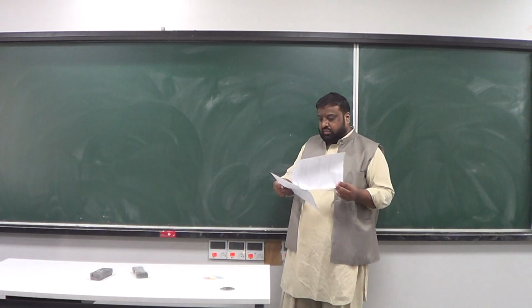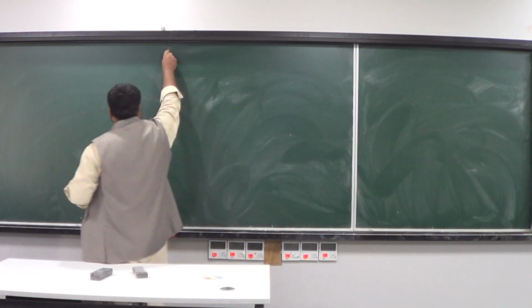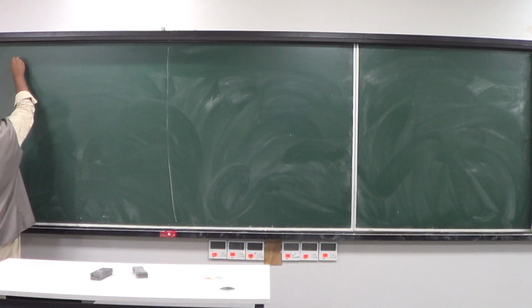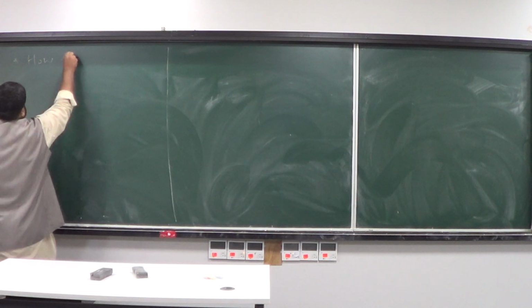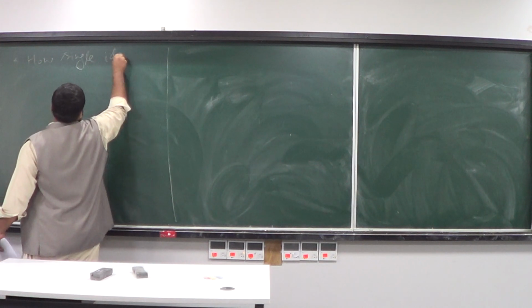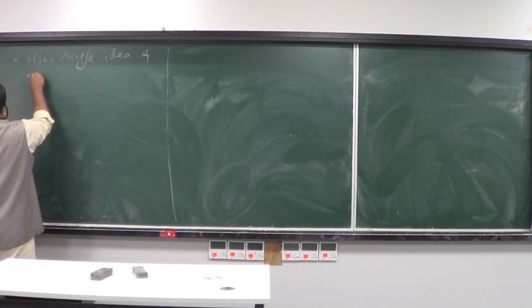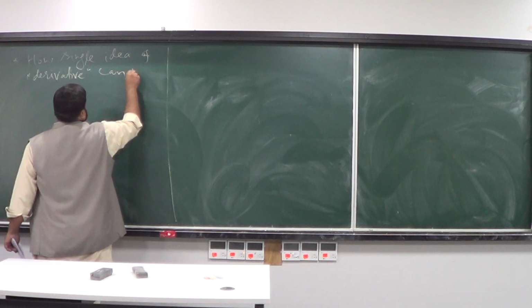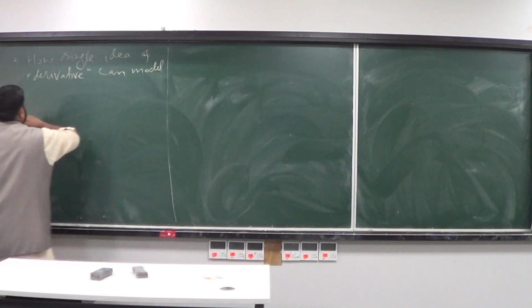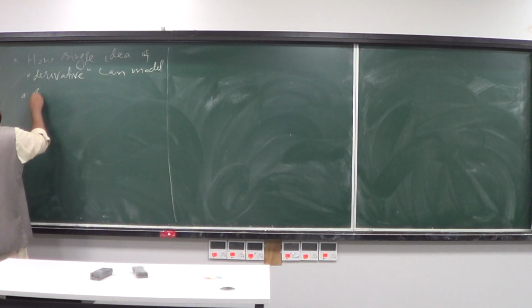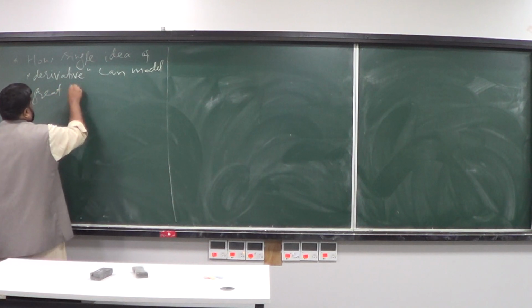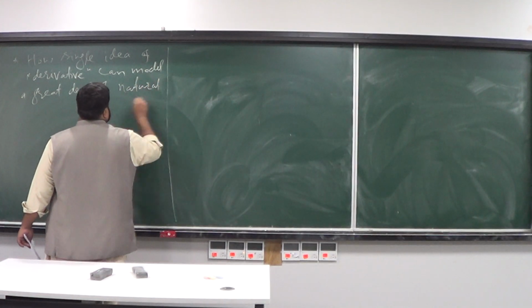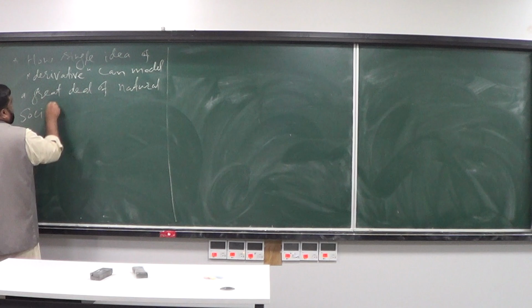Okay, so let's recall what we did last time. Last time we talked about how a single idea, the derivative, can model a great deal of natural and social phenomena.